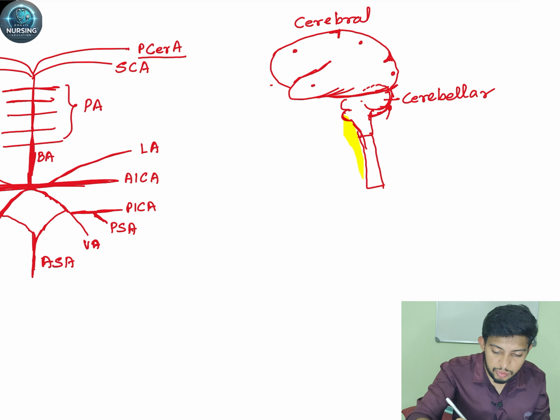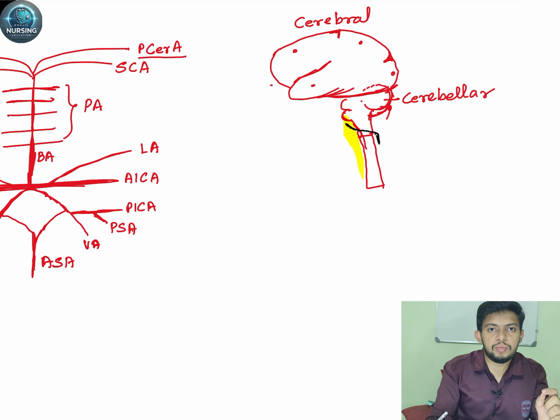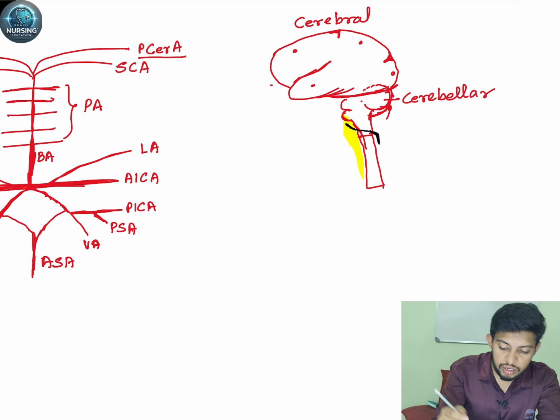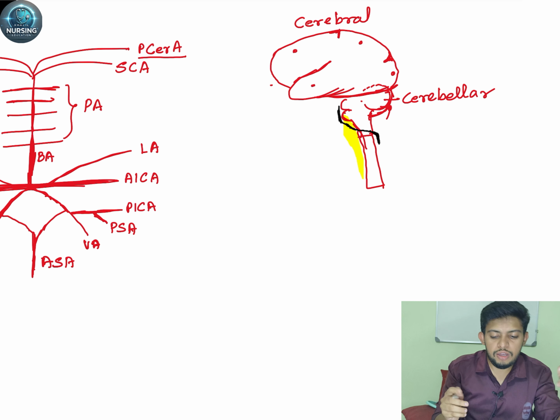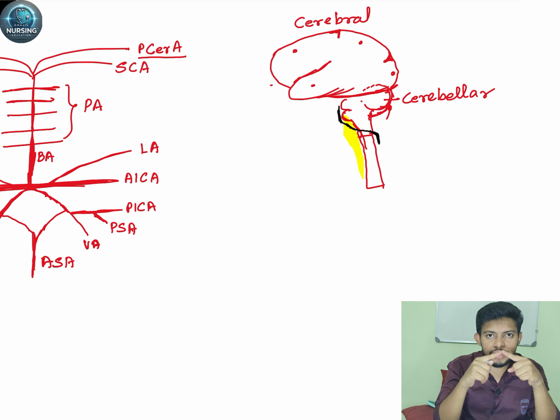Where exactly? Near the medulla oblongata. They come from the back side, through the transverse foramen of the cervical vertebrae, and enter the foramen magnum. So they enter near the medulla oblongata.